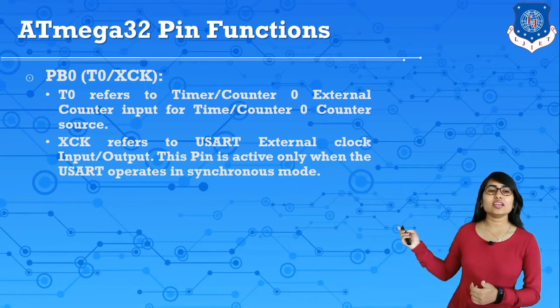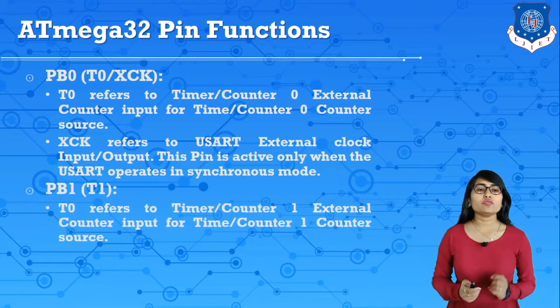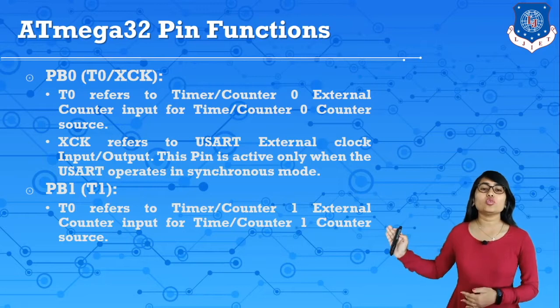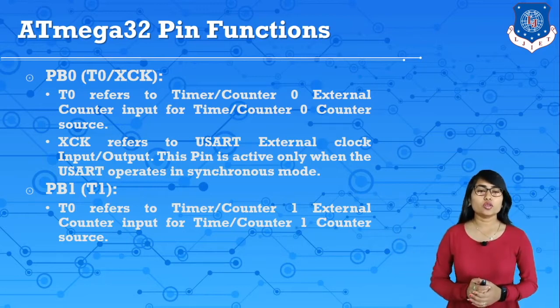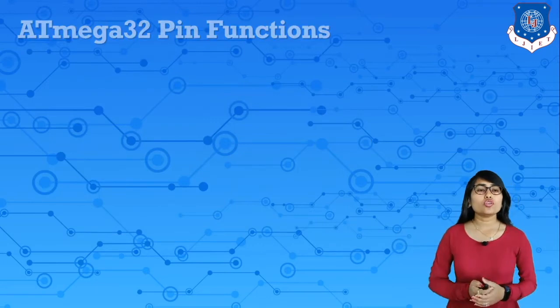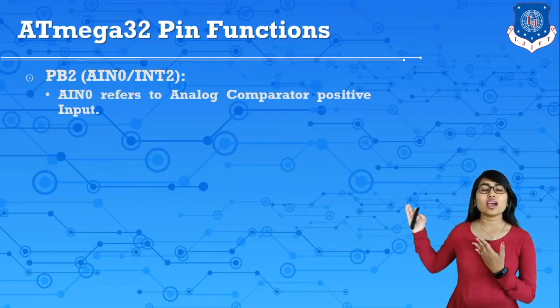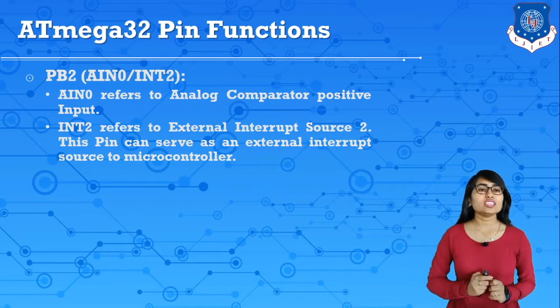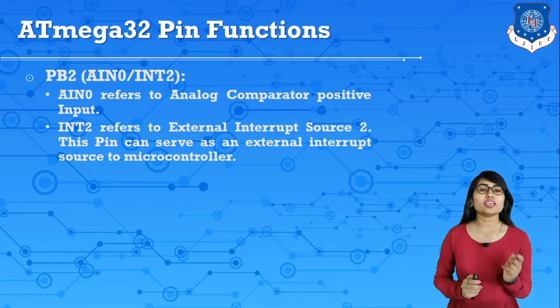Then next PB1. PB1 has T1. T1 refers to the external counter input for timer counter 1 counter source. Then next for PB2 there is AIN0 or INT2. AIN0 refers to the analog comparator positive input.